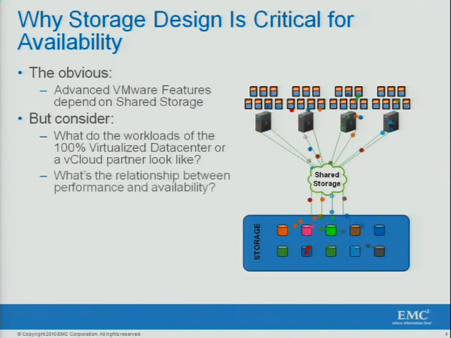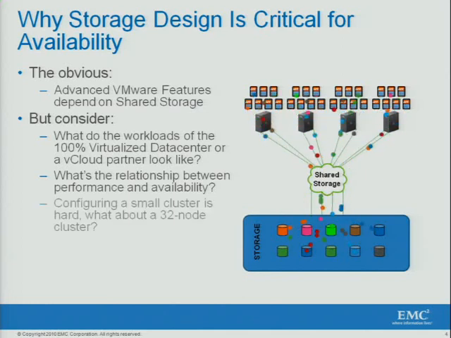There's also a distinct relationship between performance and availability. It is effectively an outage if performance is bad enough. Really bad performance can mean guest timeouts and, at the very least, busted SLAs.